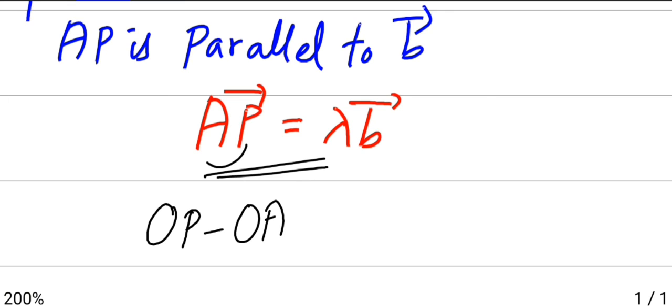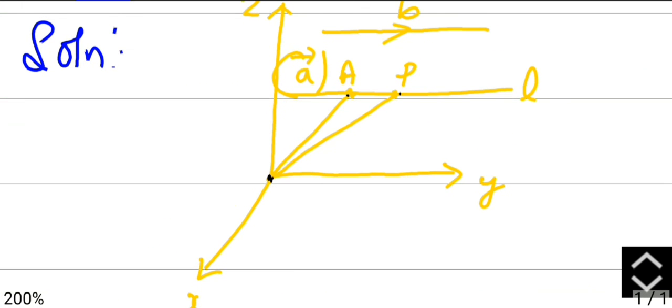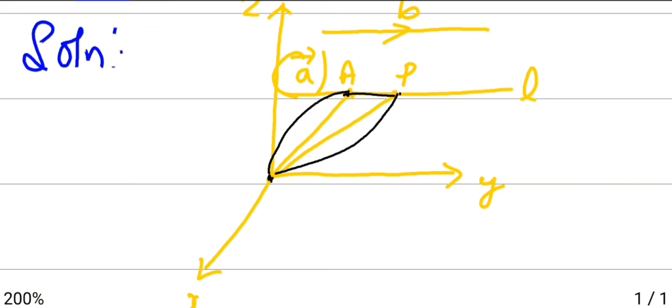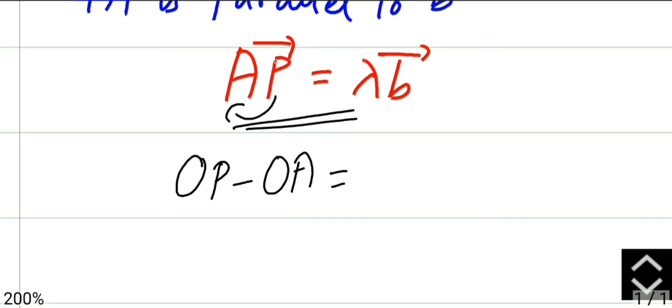That is the distance from O to P and from O to A. So it will be OP minus OA equals lambda B vector.